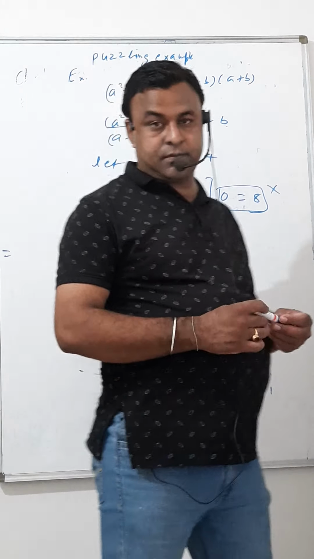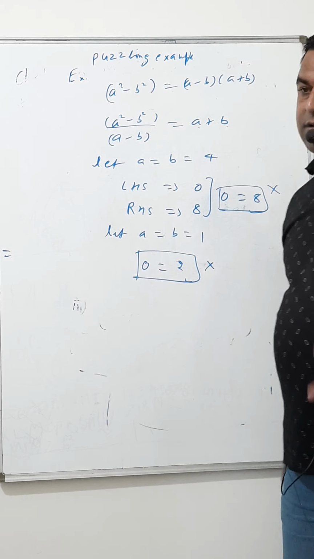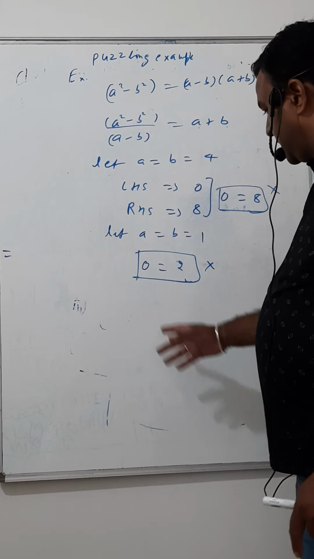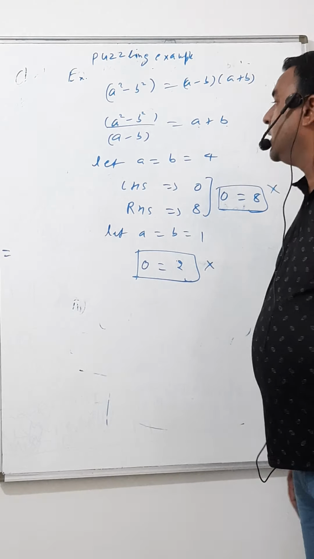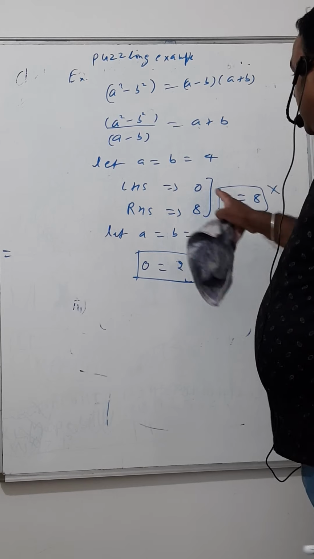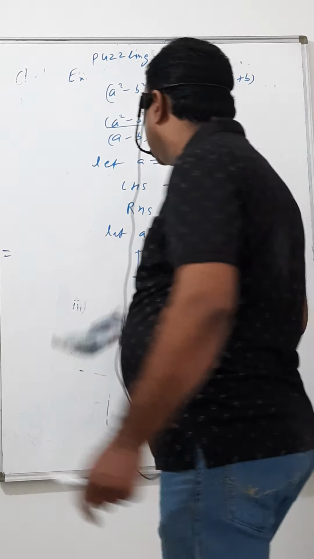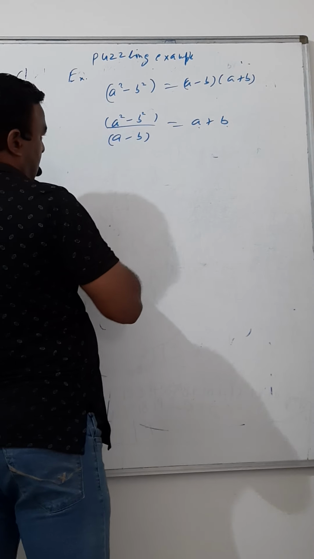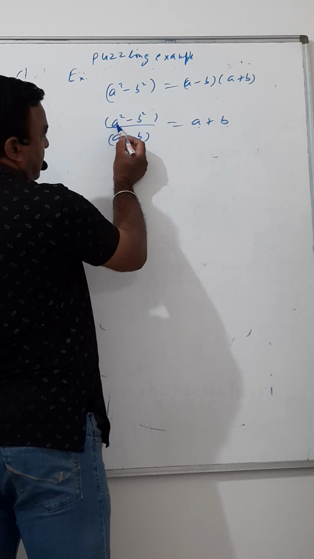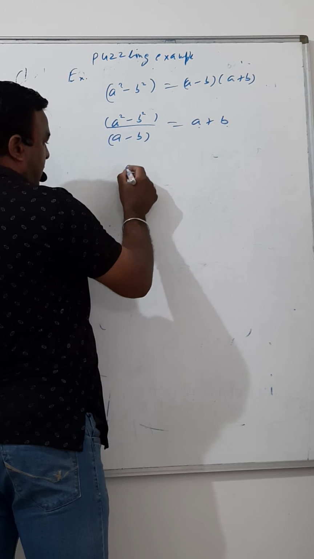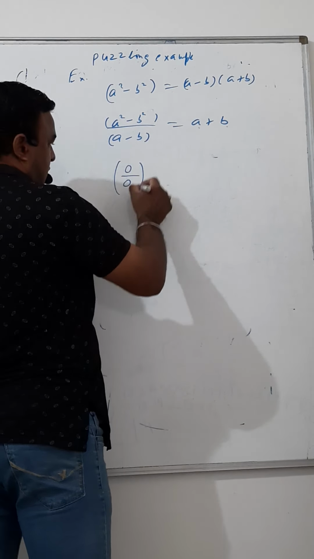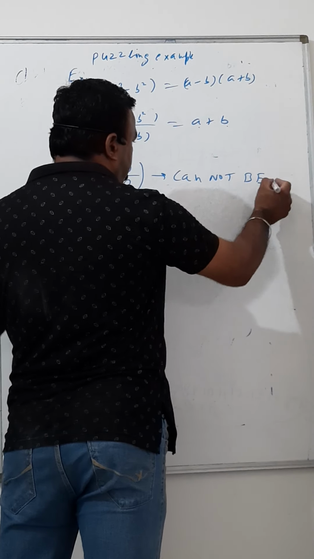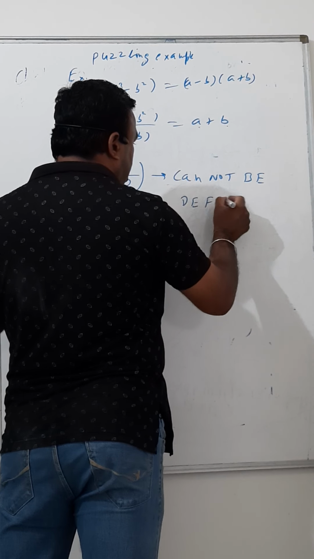Now, what is wrong here? That's another issue which comes in generally in the problems. Actually, what is the mistake going on here? In LHS, I am writing always 0. But it is not true because if I place 4, then 4 square minus 4 square is 0, upon 0, which I say cannot be defined in mathematics.